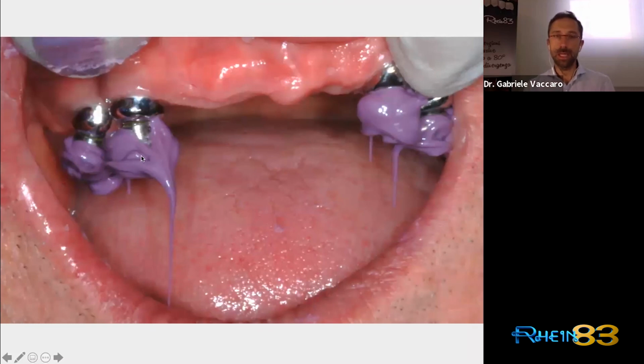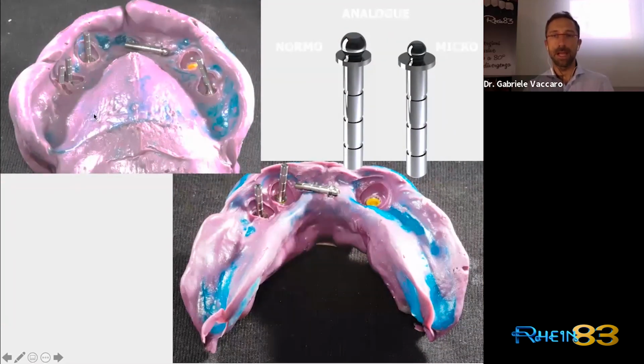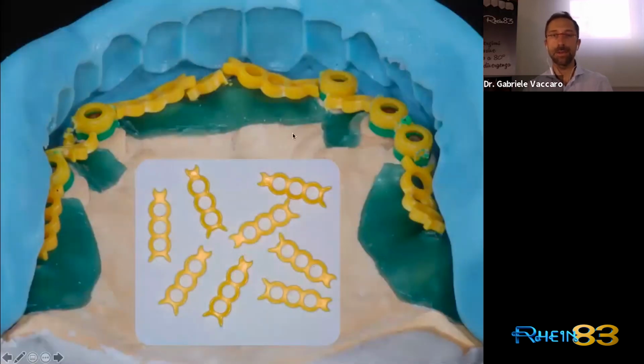After that, I squeeze the impression material inside the umbrella of the transfer, the retention point of the transfer, and then I take the impression of everything. After that, in the lab, they put the analog inside the female cap, inside the transfer.